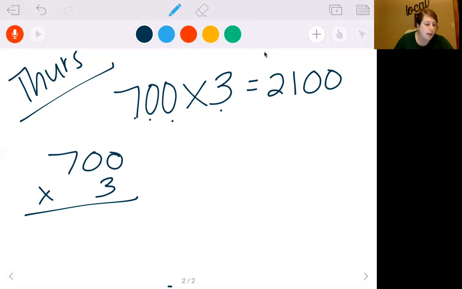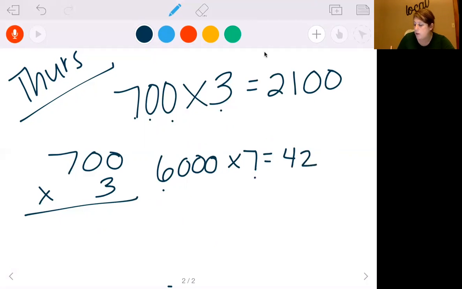Let's do one like 6,000 times 7. 6 times 7 first is 42. 1, 2, 3 zeros. So we get 42,000. Okay, let's do 80 times 6. 6 times 8 is 48.